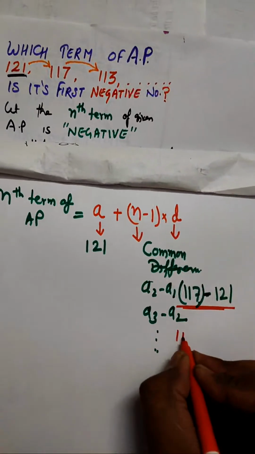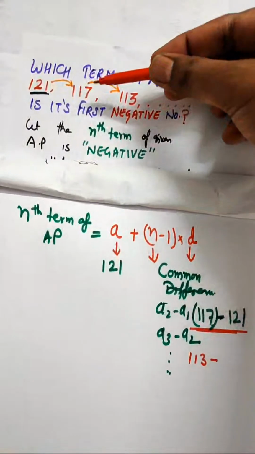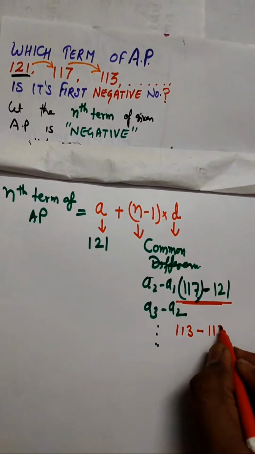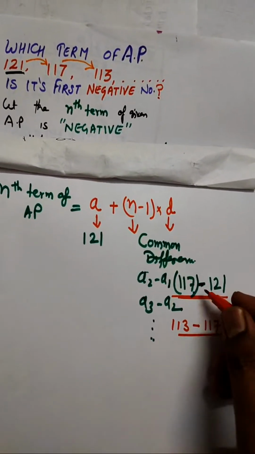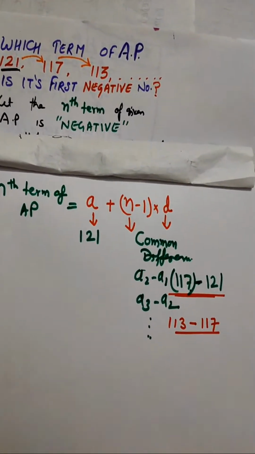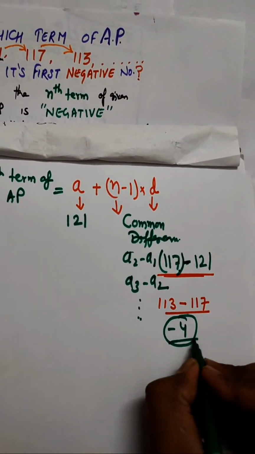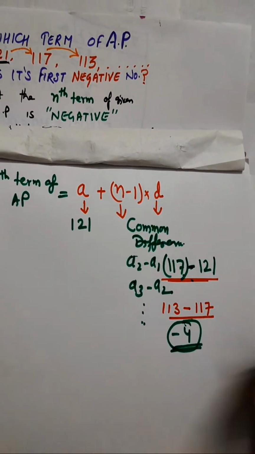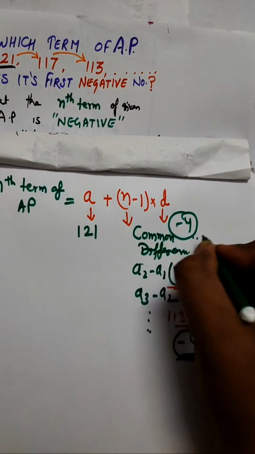So 113 minus the second term, which is 117. You can see in both cases the common difference is the same, that is minus 4, right? So the value of d will be minus 4.